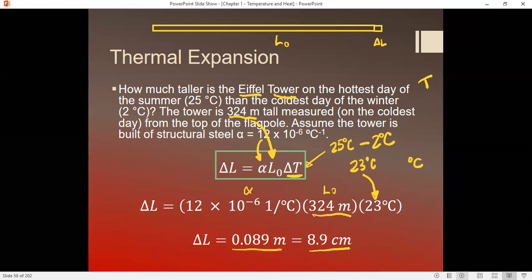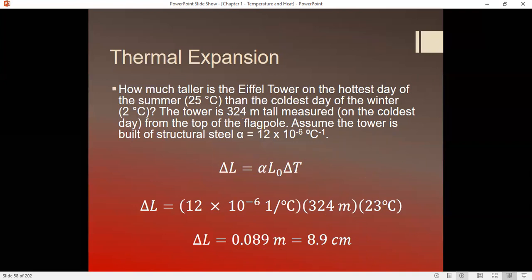So you look at the Eiffel Tower on a hot day, you look at the Eiffel Tower on a cold day, you're not going to notice a difference in height. However, it is significant enough that if we didn't take into account this thermal expansion, that change in length could actually damage some of the structure if it wasn't allowed to expand.